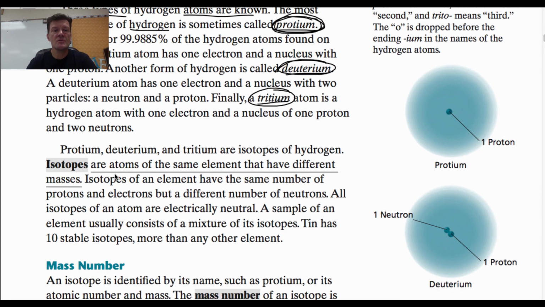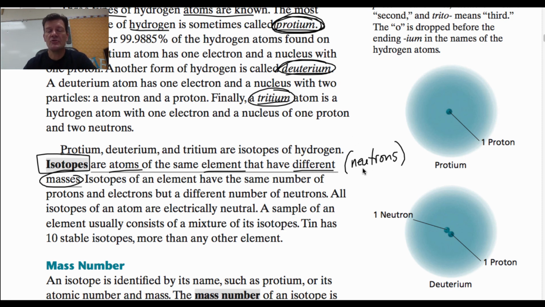These isotopes, you need to have this definition in your notes. They are atoms of the same element that have different masses because they have different number of what? Neutrons. They have to have different number of neutrons. Okay?